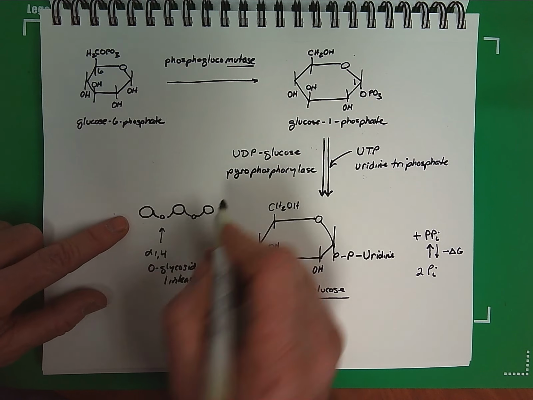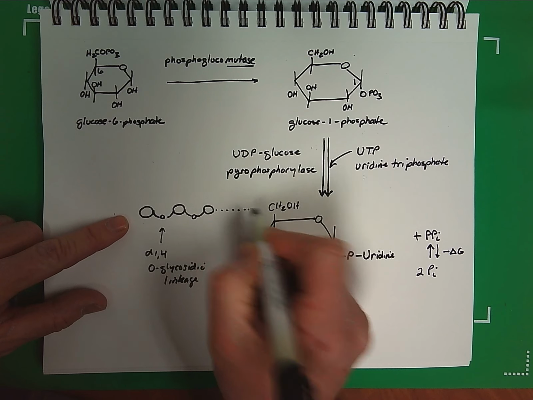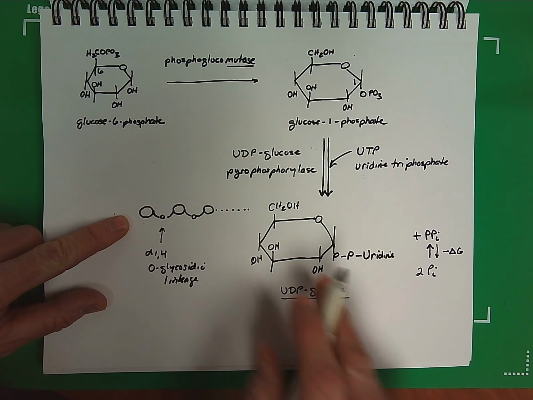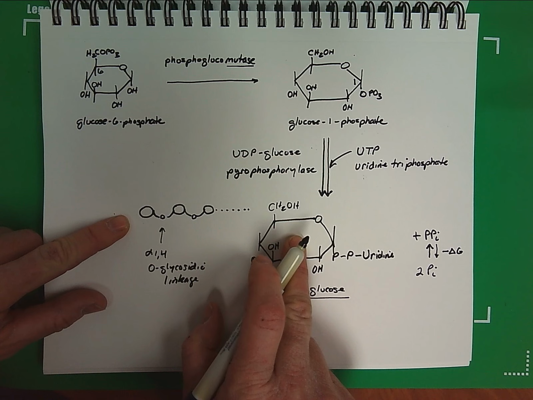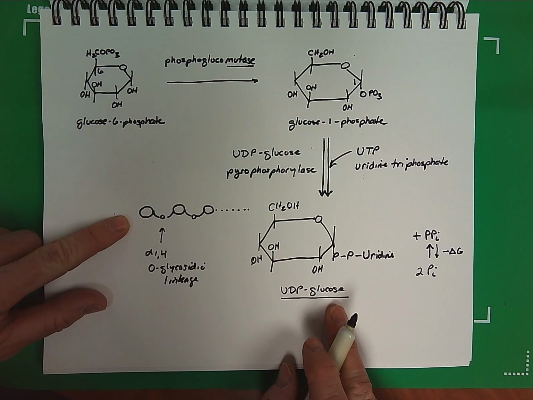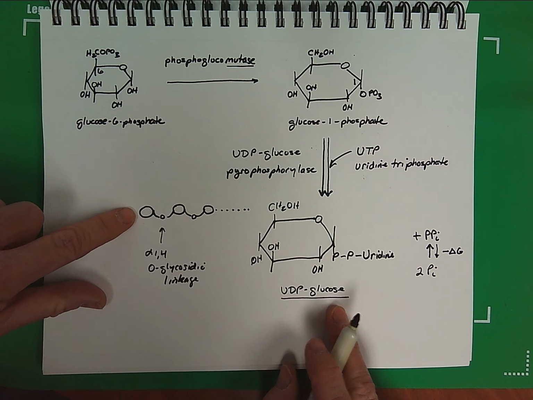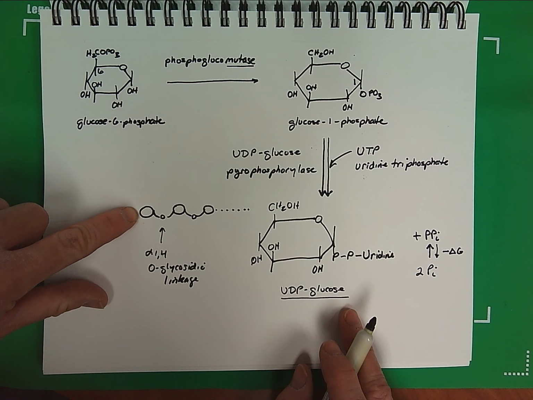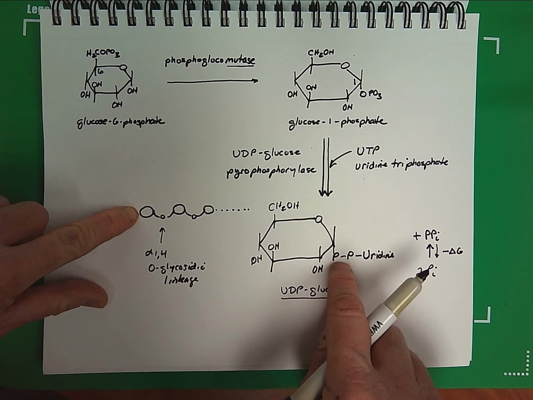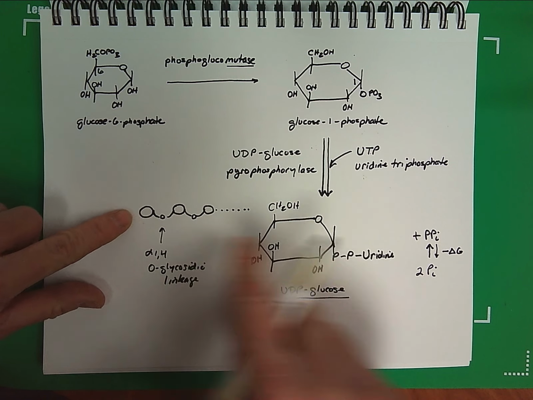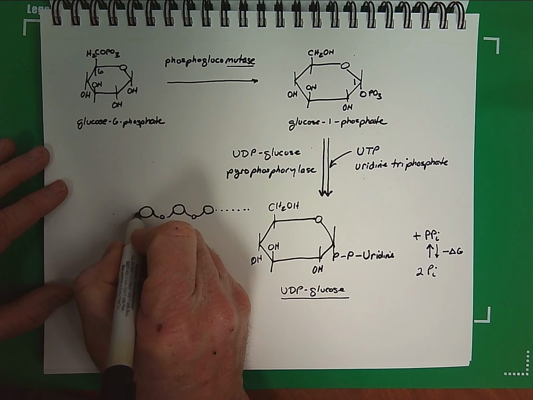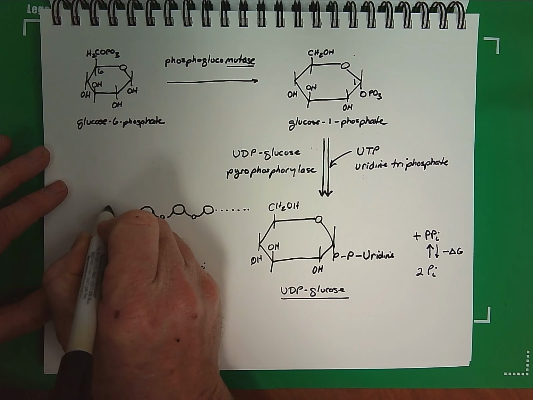So now, if we have a long polymer of glucose, we are going to be adding this UDP glucose to the number 4 carbon of the growing glycogen chain. Here's our number 1 carbon. We'll be adding it to the number 4. So this will be added in again, the alpha 1,4 linkage.